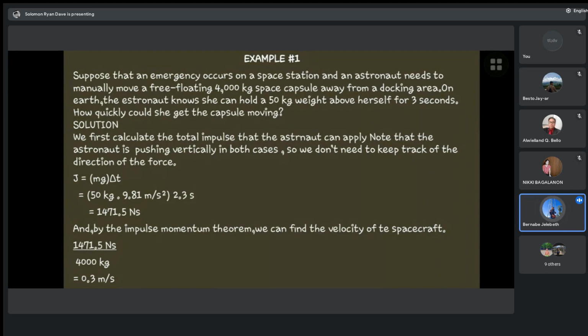By the impulse momentum theorem, we can find the velocity of the capsule: 1471.5 Newton seconds over 4,000 kilograms gives 0.3 meter per second.